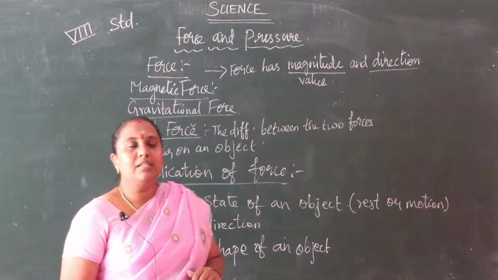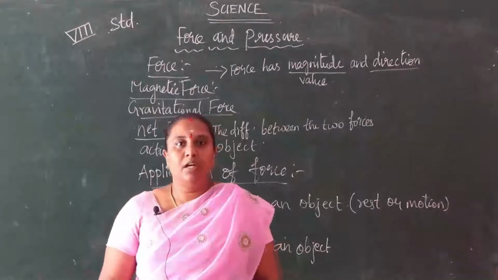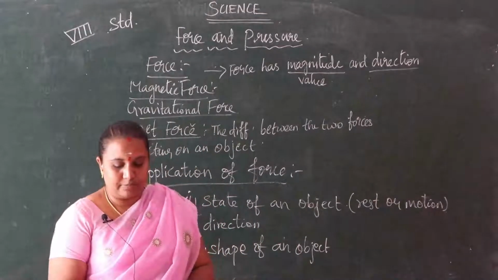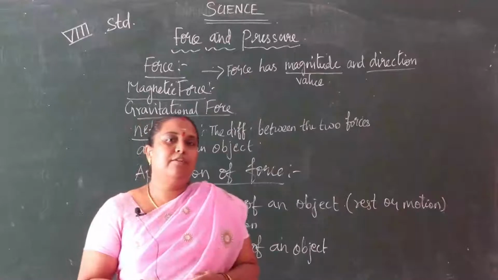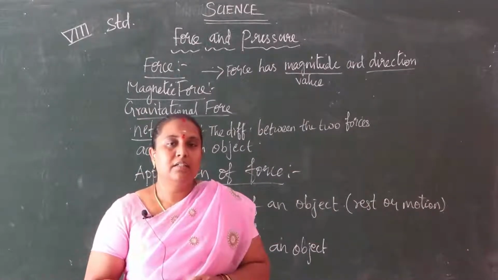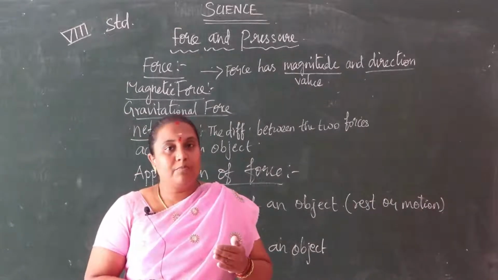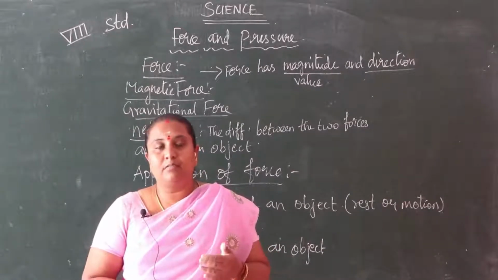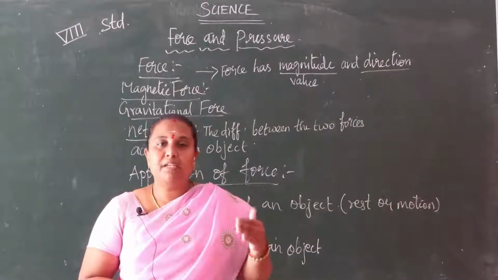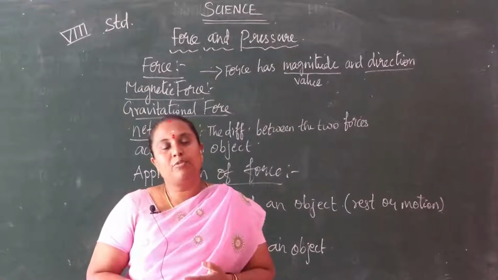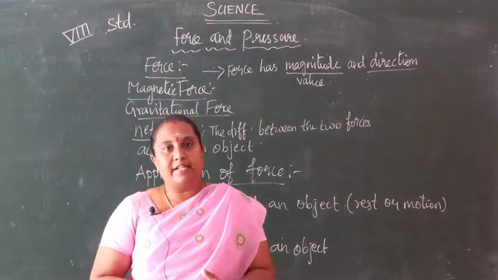Then we move on to the state of a motion. The state of a motion is defined based on inertia. In this lesson we are talking about the state of motion and also the directions.